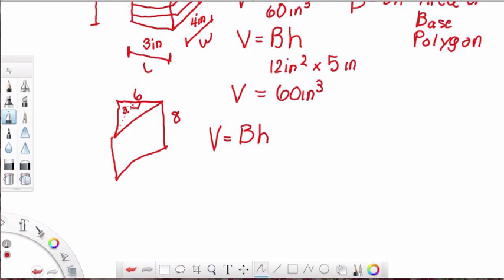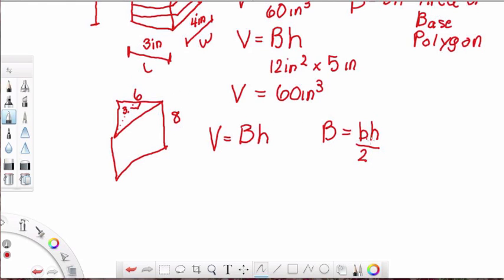So if this triangle, what's big B going to equal? Well, big B is equal to the base times the height divided by 2, because now we're dealing with a triangle. When it was a rectangle, it was just base times height. That would have given us the area of our base polygon. But since this is a triangle, it's base times height divided by 2.